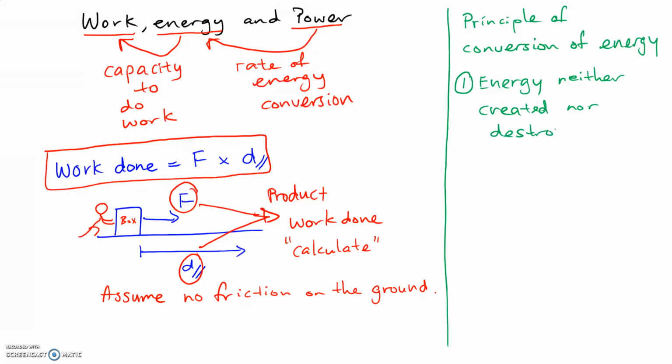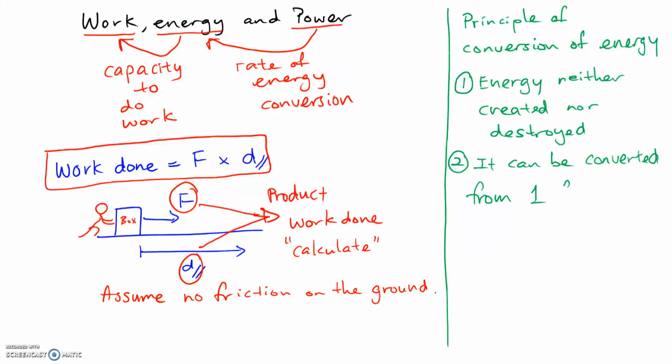So if it's neither created nor destroyed, the energy must come from somewhere, and it has to go somewhere else, and it cannot just disappear. Okay, so where did it go to? That's where the second part will come in. We talk about the fact that it can be converted from one form to another form.